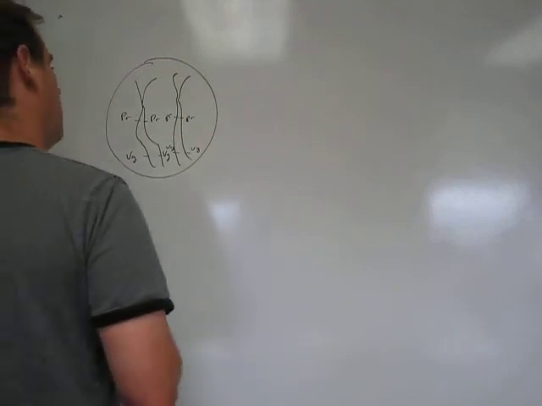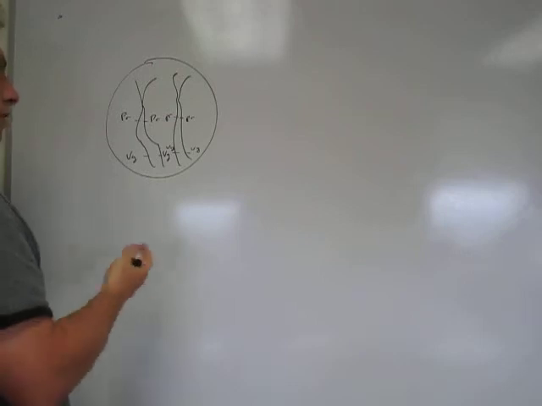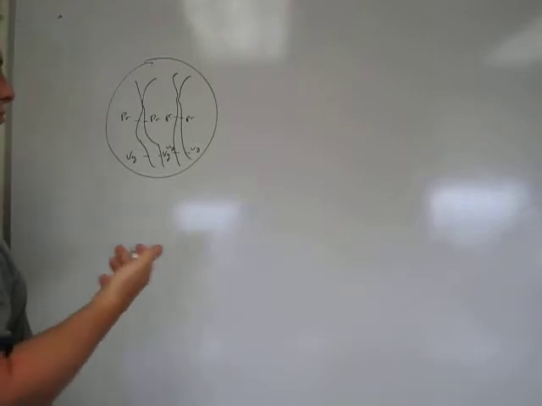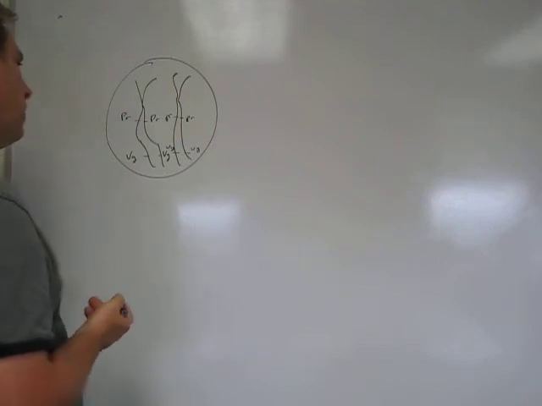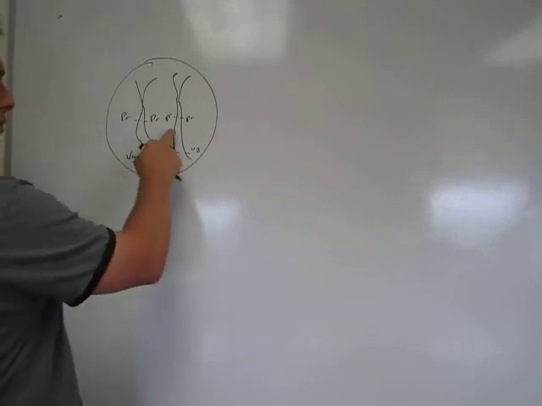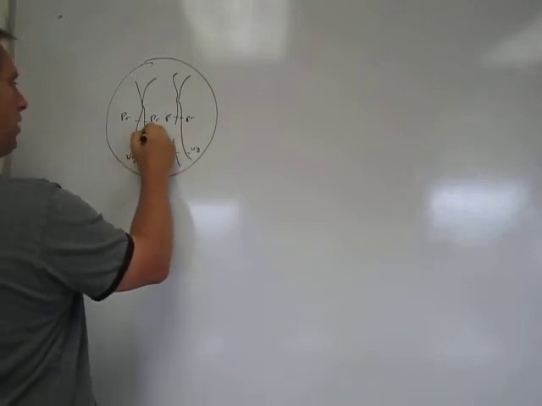Now some percentage of the time these things will recombine in meiosis. Let me be more clear about this: crossing over happens in the two-strand stage, and we can think about how we know that in a moment. When you have crossing over, basically what's going on is there's an exchange of flanking markers. So you're going to get a crossover here.